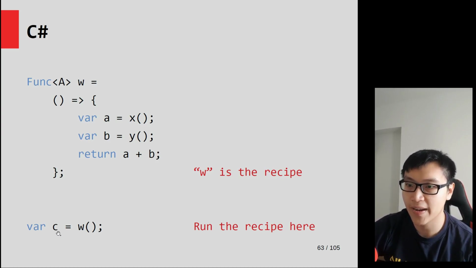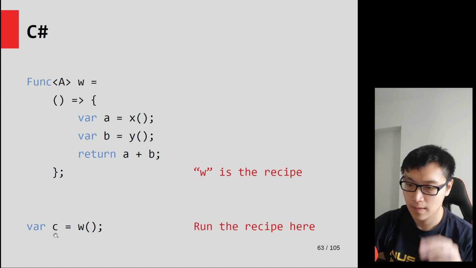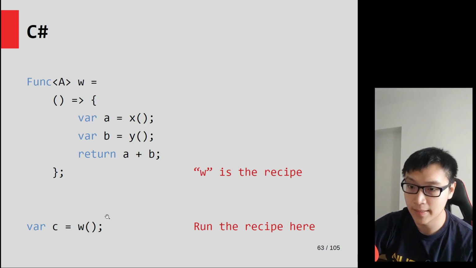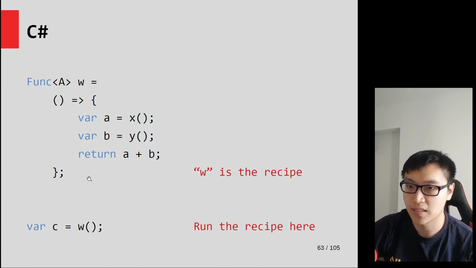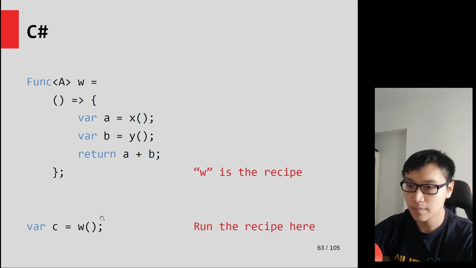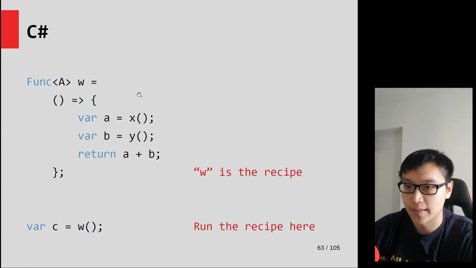If I want the final result of this recipe, over here at the bottom, I would execute it and save the result to C. When I run the recipe here, this takes 5 minutes, but this recipe specification on top should take at most 1 second, but executing the recipe will take 5 minutes. This is what it will look like in C#.